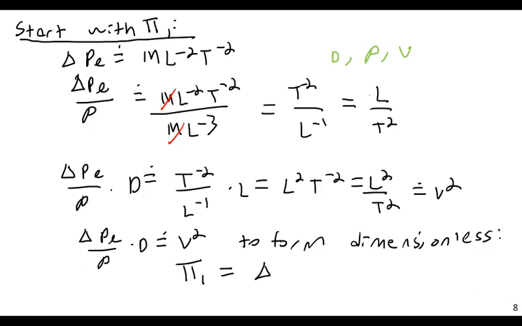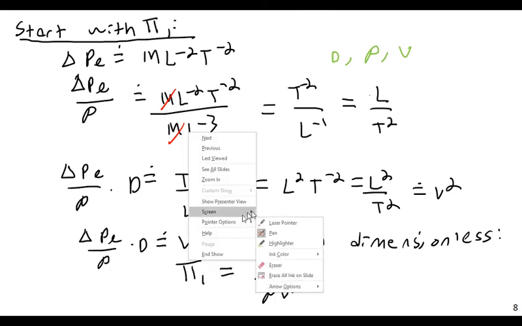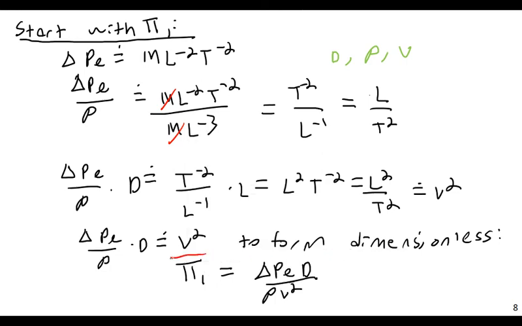So delta PL times diameter divided by rho v squared. And notice, I have my delta PL present. It has a power of 1, and the rest I just have all of my repeating variables represented. I could take them to any power I wanted, anything that would produce a dimensionless number. All right, so very useful.